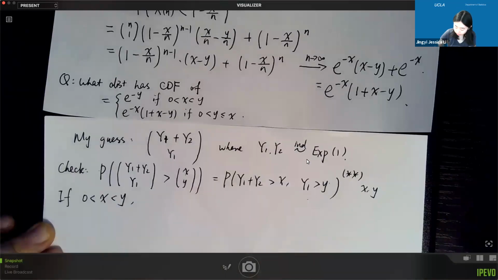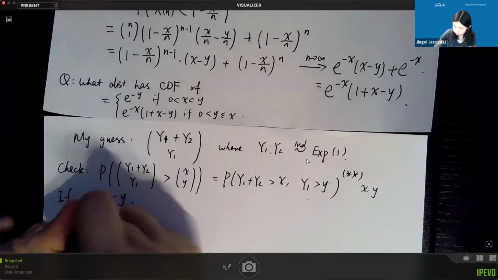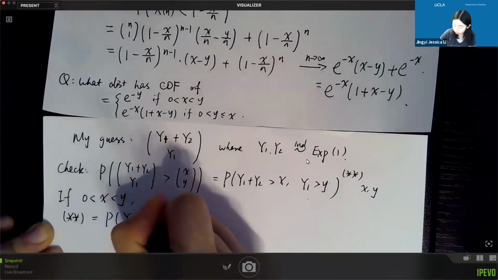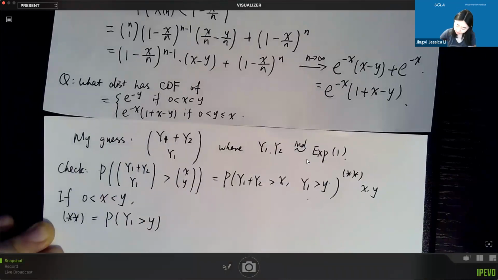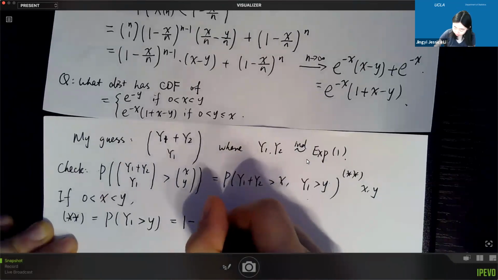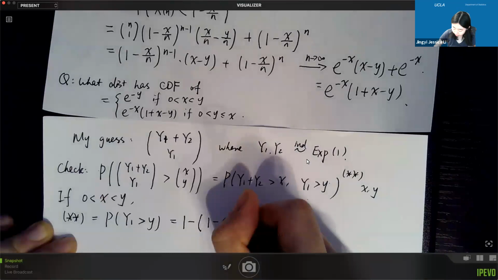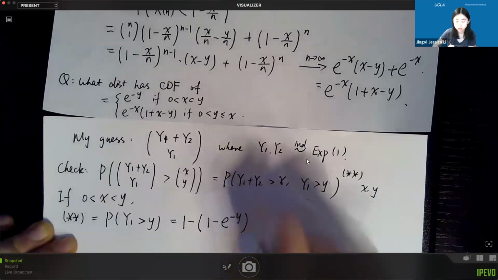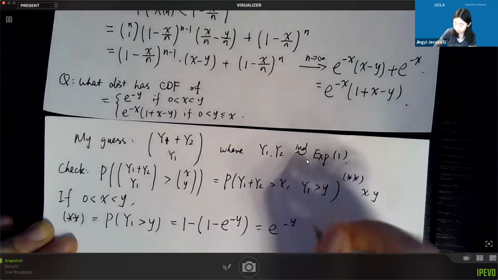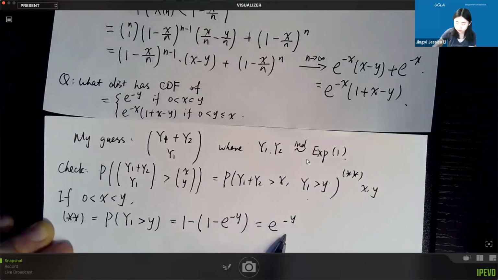So the star is equal to the probability that y1 is greater than y. And we know this is equal to 1 minus the CDF, 1 minus exponential, and we get exponential negative y. So exactly the same as what we have here.